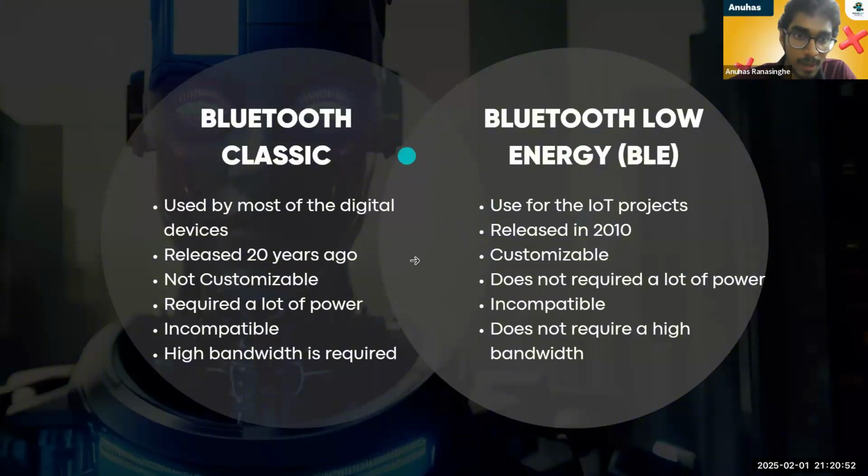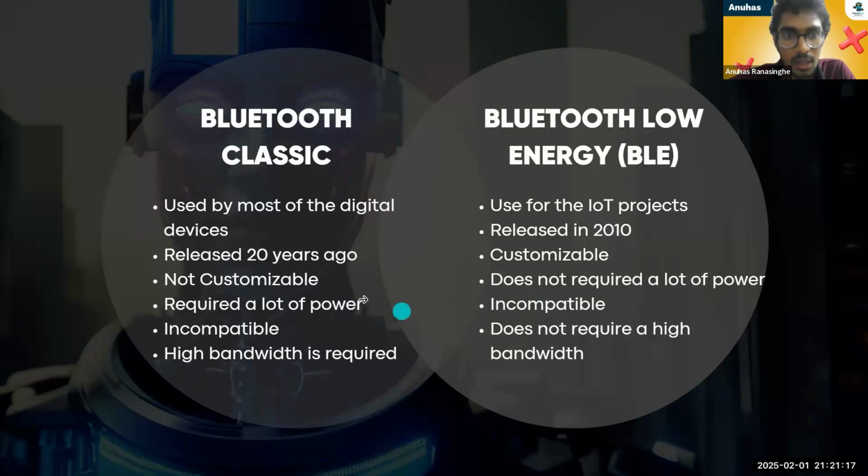Another main difference is that Bluetooth Classic requires a lot of power to transmit data, but Bluetooth Low Energy does not require that much power. That's another reason it is much more suitable for IoT projects that run on batteries. It requires minimal power.